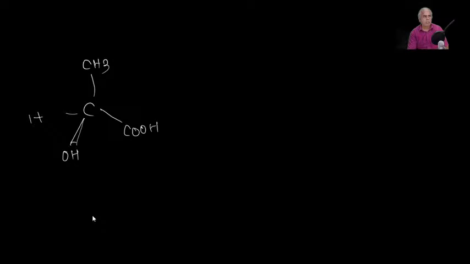What is this? This is hydroxycarboxylic acid. Okay, so does it have an asymmetric carbon atom? Yes, because C is attached to hydrogen, hydroxyl group, COOH, CH3. All are different. So you can put asymmetric carbon atom. Take down. So this is the hydroxycarboxylic acid.